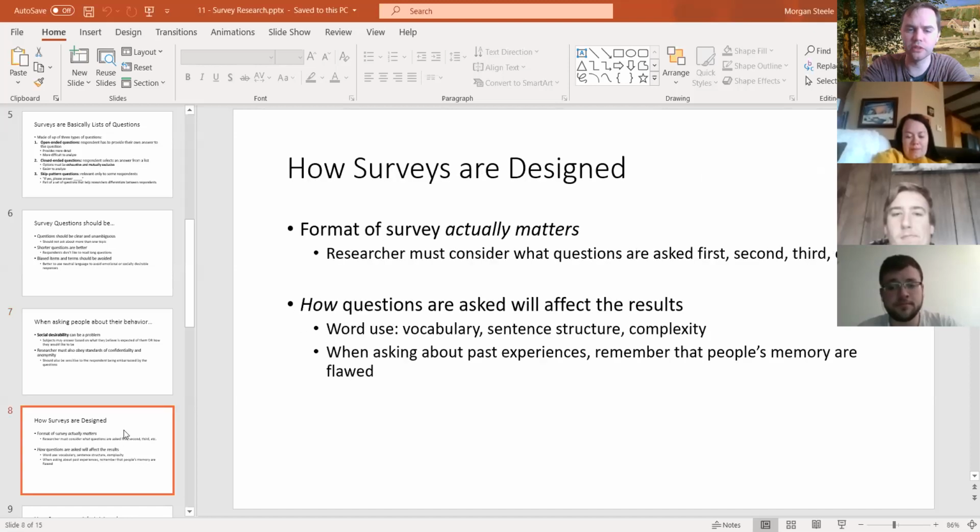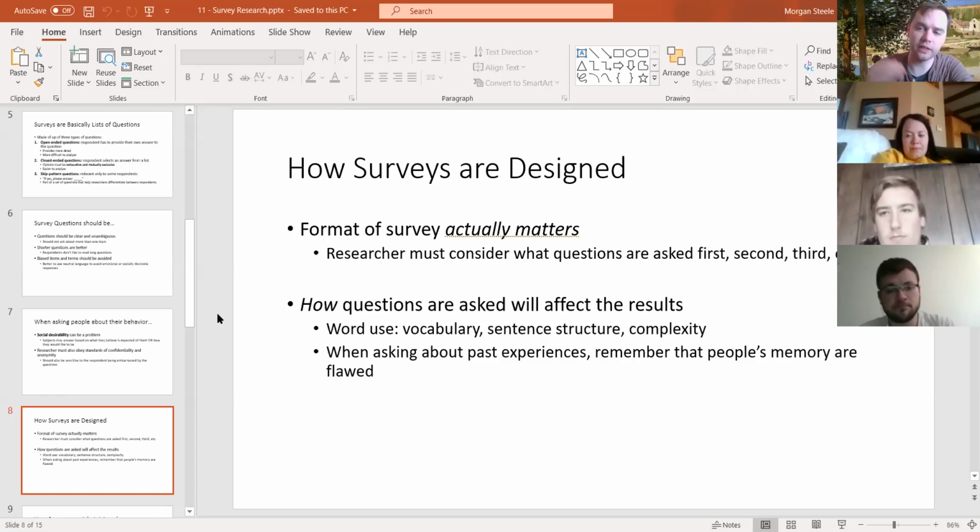So when we look at how surveys are designed, the formatting actually does matter quite a bit, because what you ask someone first, second, or third, and so on, is going to affect their subsequent responses. So if you open the survey with a very in-depth survey of their victimization experiences, they may not respond how they normally would have to the next section, their perceptions of fear of crime or their perceptions of the police, something like that.